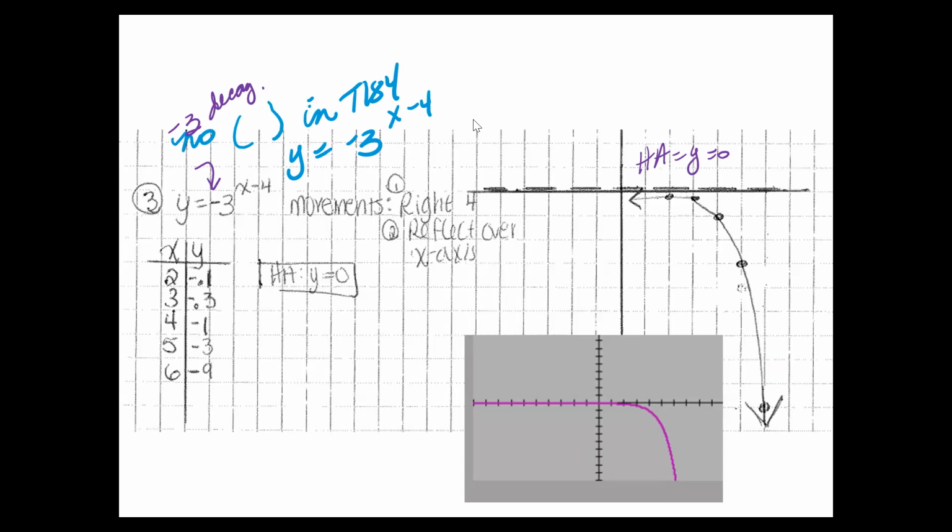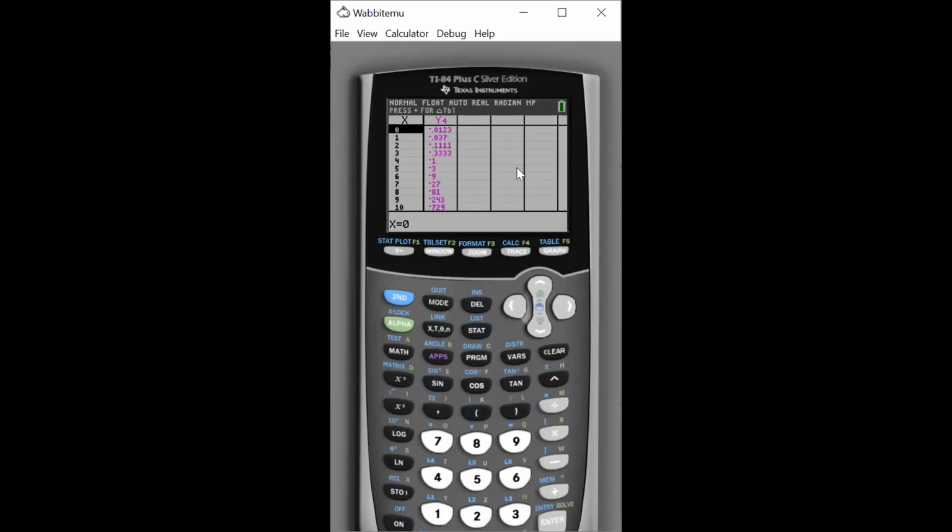All right, so then let's go on to the calculator, hit second graph for the table of values. And notice how this is your table of values. You're starting off with very small numbers, and then it just declines, like it's going to the negative numbers very quickly.